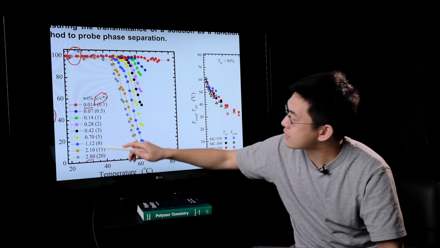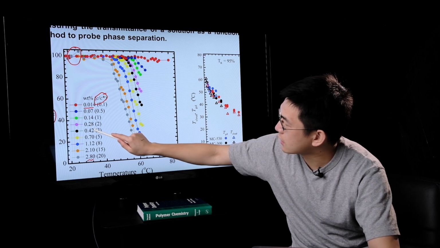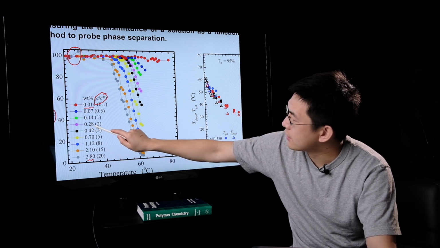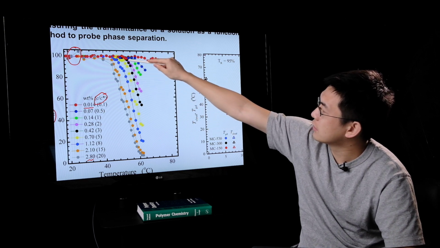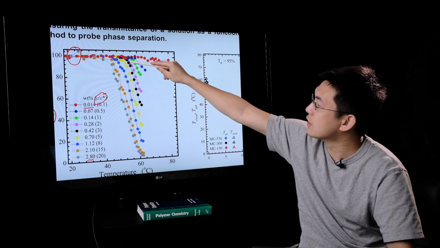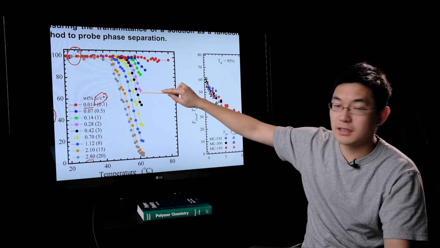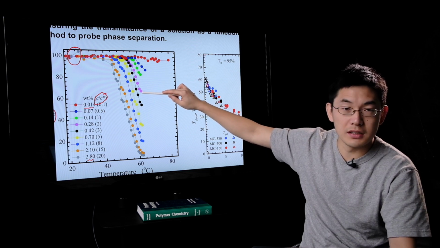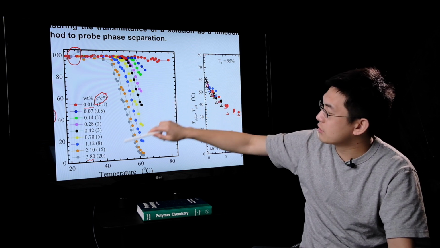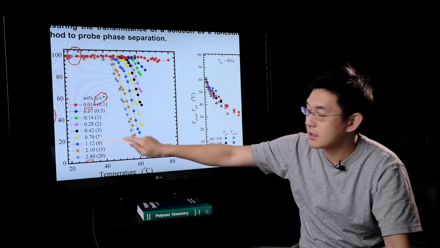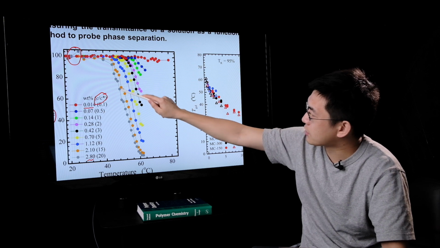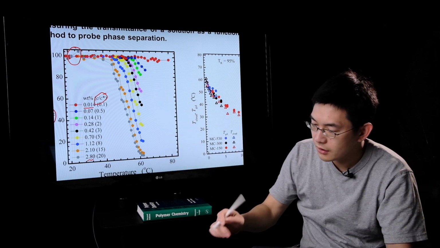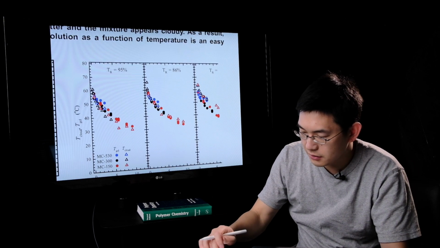If you look at the middle example, let's take the purple one as data. You will see when you start increasing temperature, you start to have phase separation, your turbidity increases or transmission decreases here. And in the more extreme case where you have 20%, then it starts to phase separate at a much earlier temperature. You can plot this particular data here.